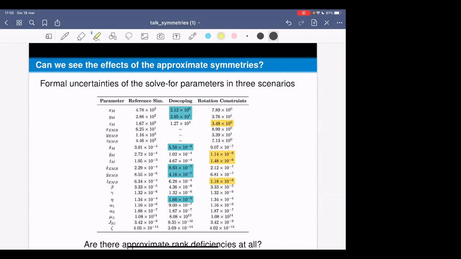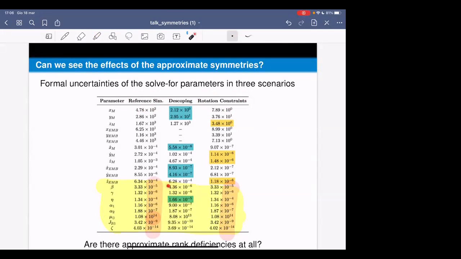And what we can see here is for the relativity parameters. The difference between the reference simulation, the one doing nothing, and the one applying the rotation constraints, does not improve the situation at all. There is no improvement in the determination of the relativistic parameters.